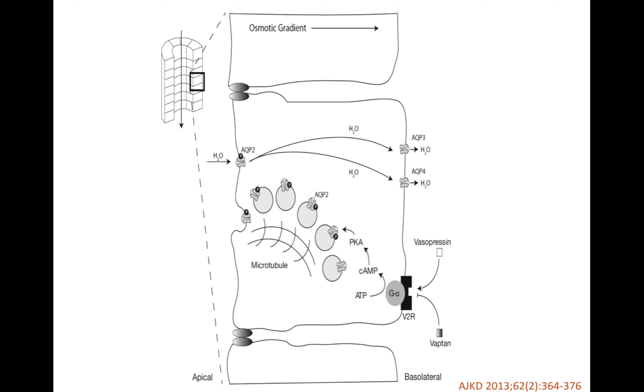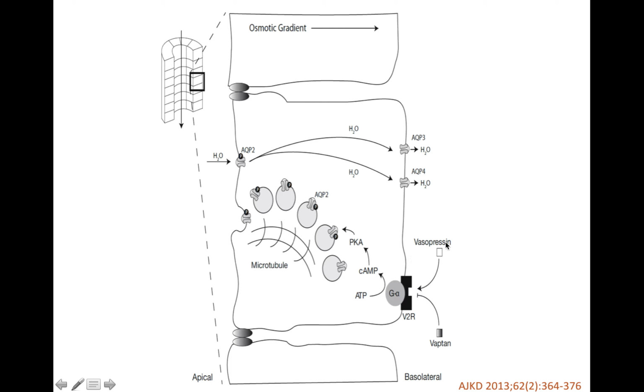So I'll just show you a cartoon, and this cartoon shows that when vasopressin attaches to the vasopressin 2 receptor on the basolateral membrane, so this is the apical membrane and this is the basolateral membrane.